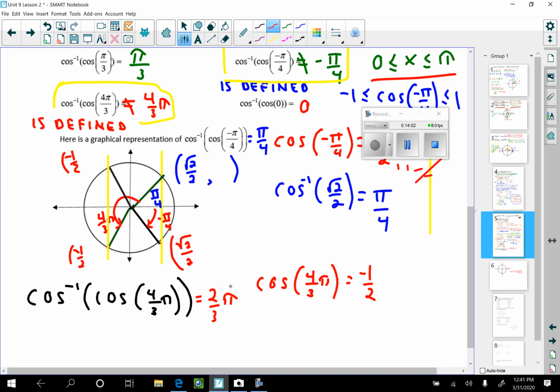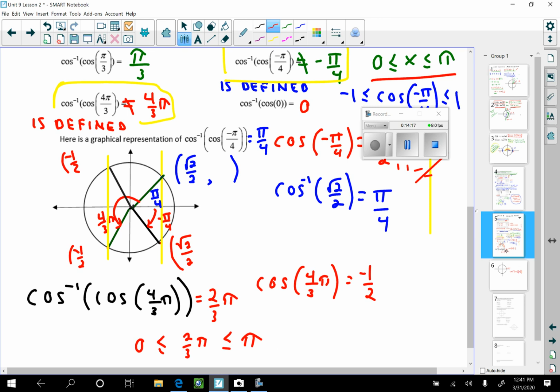So now I'm good, because this guy right here is indeed 2/3 pi, which is indeed between 0 and pi. So those are all angles that we knew.